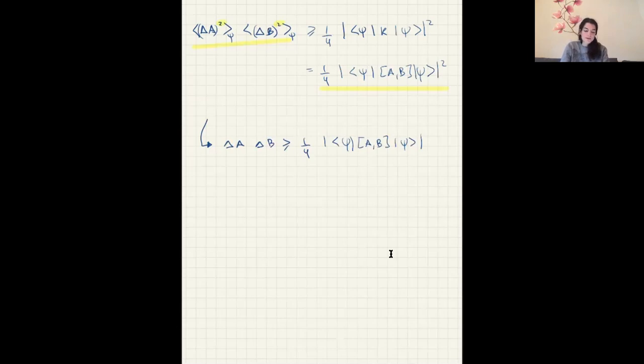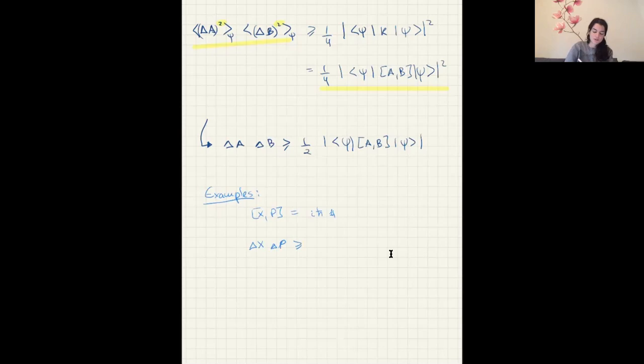Okay, so what are some examples like we saw before of this? Again, if you have x and p, we know that this is iħ times the identity. So then we know that the product of the variances is always going to, oh, sorry, I forgot that this should be a 2 here, because we got rid of the square.